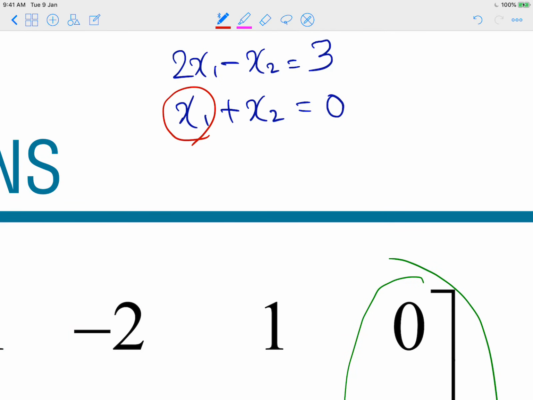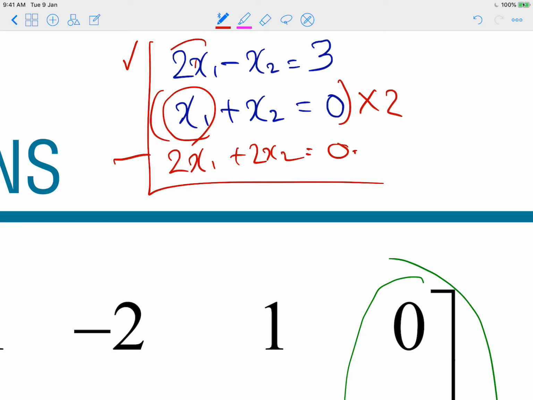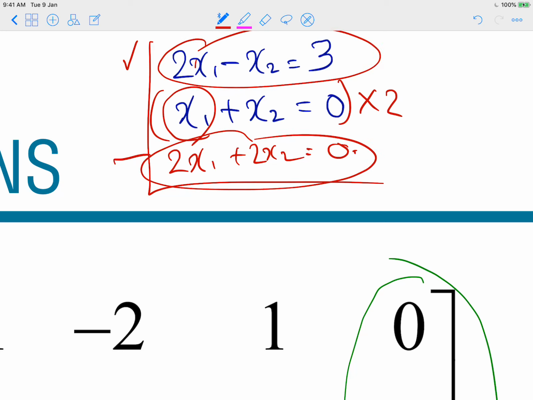Let's just remove this variable by using the first equation. There are many different ways. For example, let's multiply this by 2, so 2x2 is equal to 0, and then we subtract this guy from this guy, and then negative 3 times x2 is equal to 3, right?